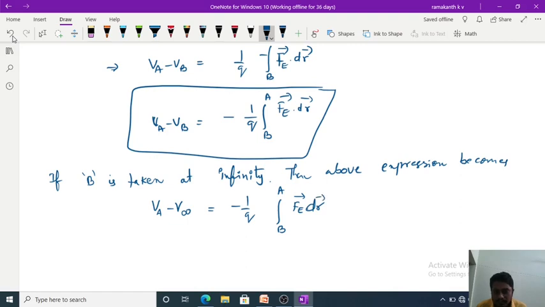The electric potential at infinity will be 0, so therefore VA equals minus 1 by Q integral from B to A of FE bar dot dr bar.